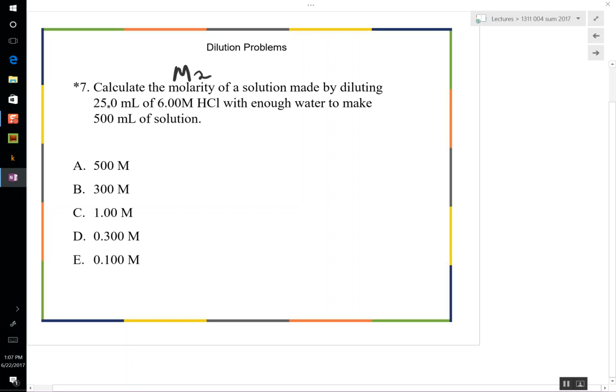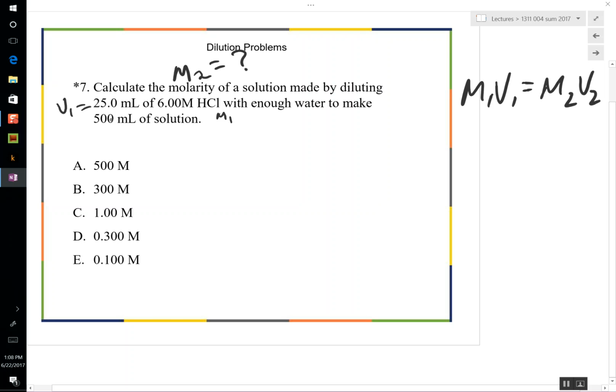So what is 25 milliliters of 6 molar HCl? What are these parameters in this equation? So we now know this is our unknown. This is what they want us to calculate. 25 milliliters is what? V1. 6 molar HCl is what?